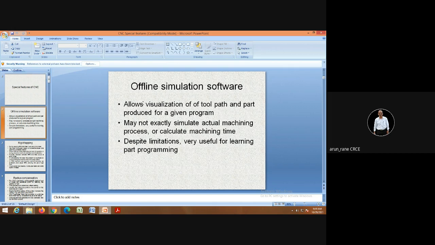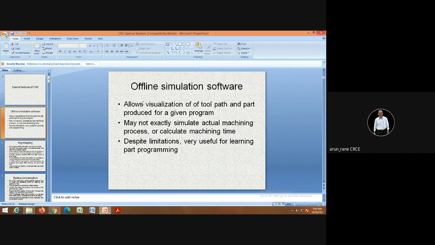The very first is offline simulation software. This is useful. Suppose you have done a program and you want to see the tool path, that is how the tool is moving. That tool path movement can be seen on the screen.